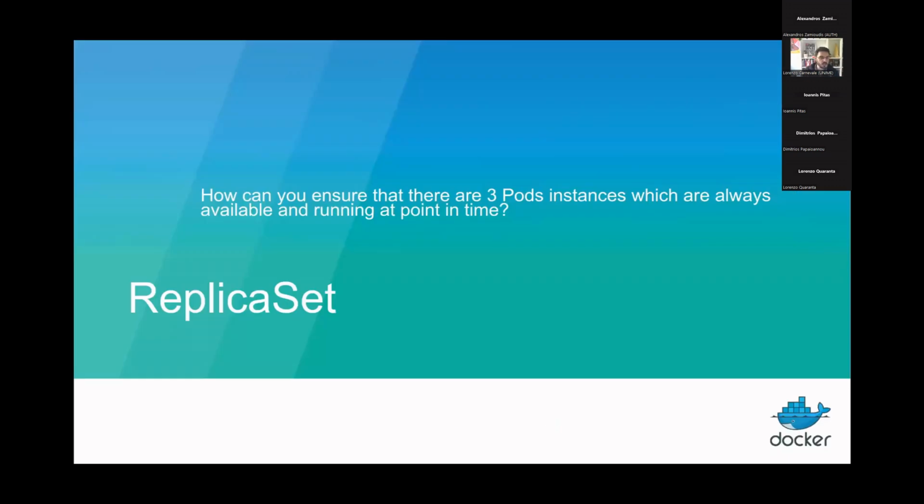How can we ensure at the end that three pod replicas are always available and running at the same time? We do it with the concept of a replica set.